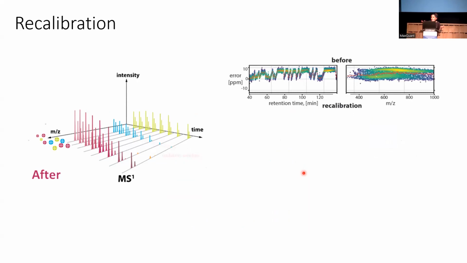You know what you would expect to measure and what you actually measured. If you subtract one from the other, you get this error. In this recalibration, you change the masses so that they are more similar to the expected mass. Yes, correct. Thank you.